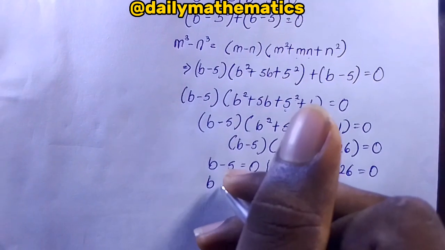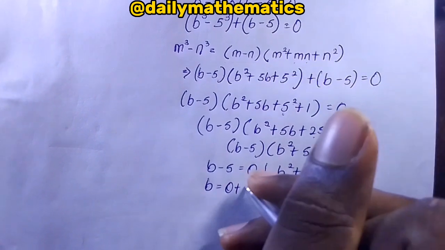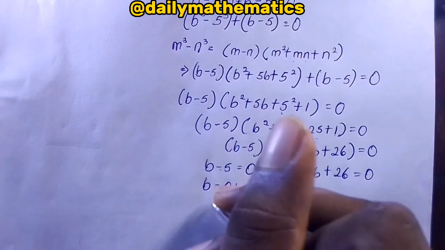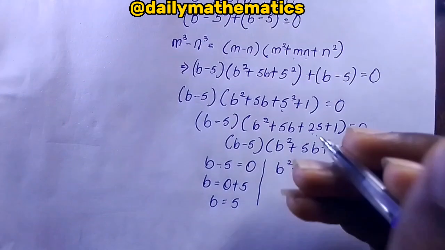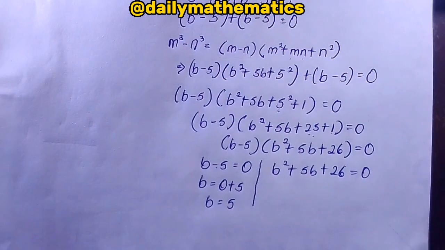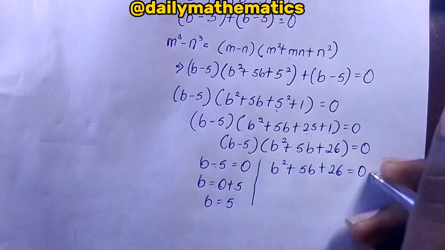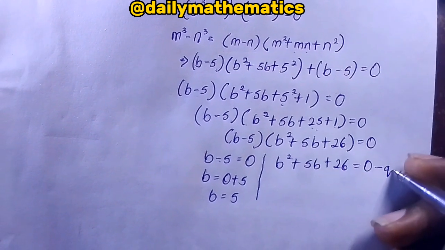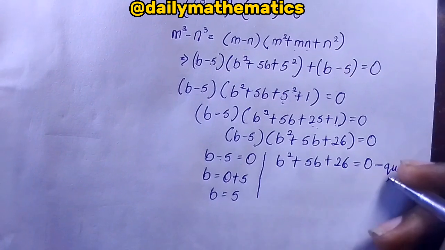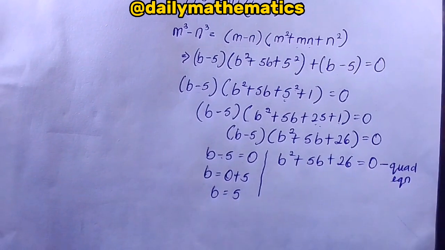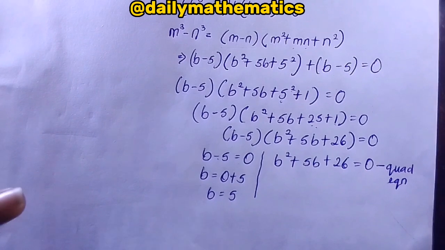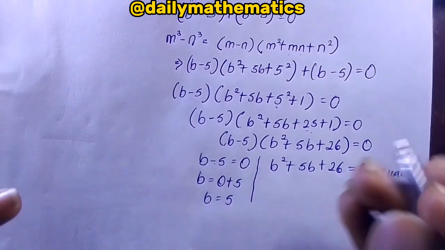From the first, b equals 0 plus 5, so b equals 5. For the other part, we have a quadratic equation. What do we do in this situation?